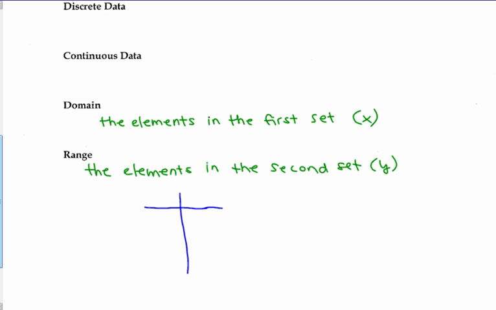Okay, so say I was comparing time and distance, something we just looked at in the previous lesson. 0, 0, 1, 100, 2, 200, and so forth. So domain would be the actual elements, so 0, 1, 2 of the first set. 0, 100, 200 would be called the range, the elements of the second set.